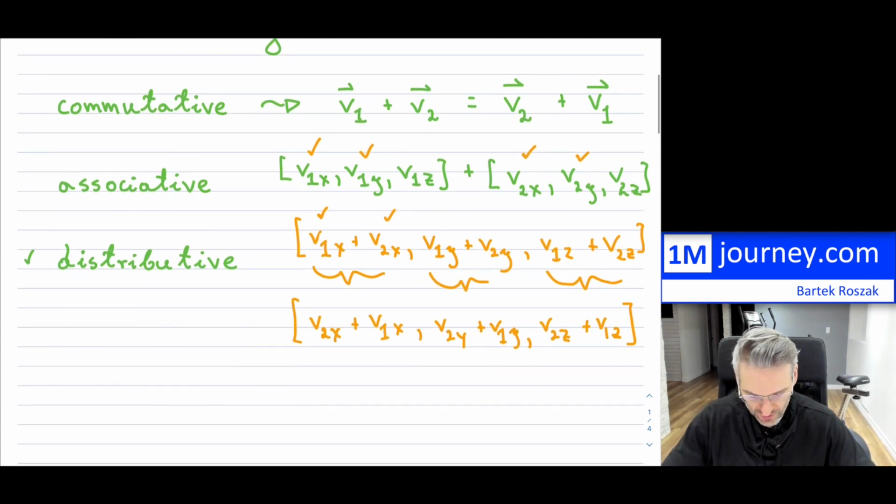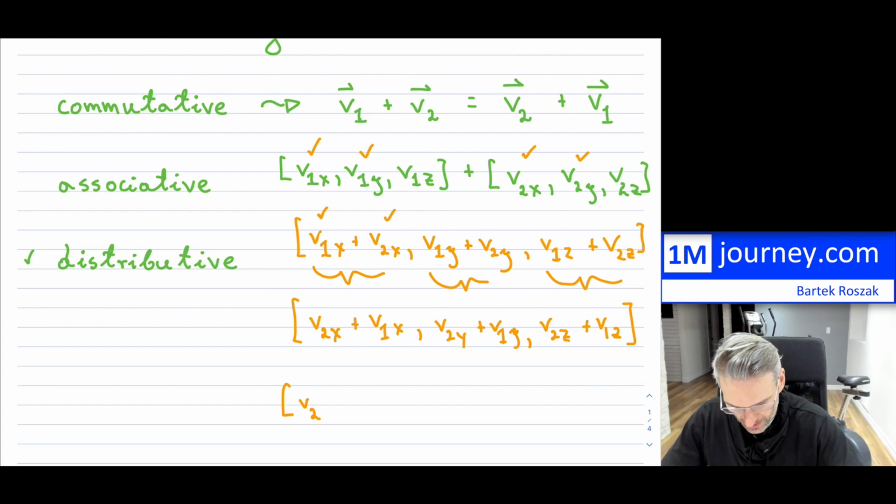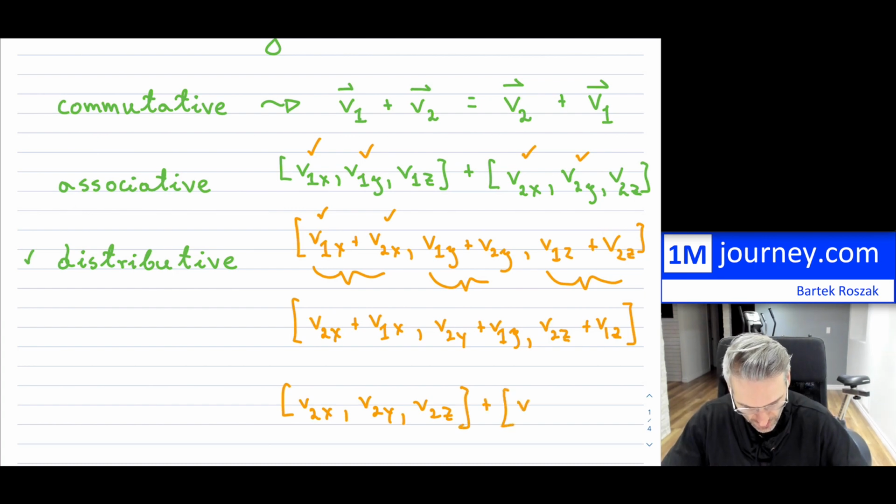And of course, this right here is the reversal. So now you can say this is just simply V2. My apologies here, let me just rewrite this. V2x, and then this is going to be V2y, V2z, plus, and then your V1x, V1y, and then V1z.